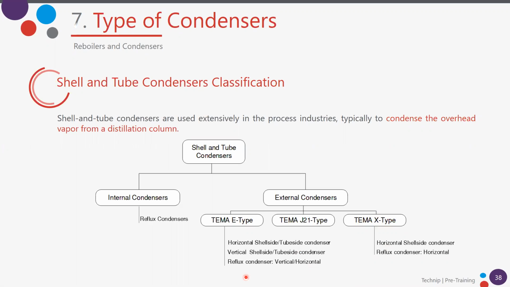We can have different horizontal and vertical configurations, and we also have the reflux condenser, vertical and horizontal. Now we are going to see all these types of condensers, their advantages, disadvantages, and main use.